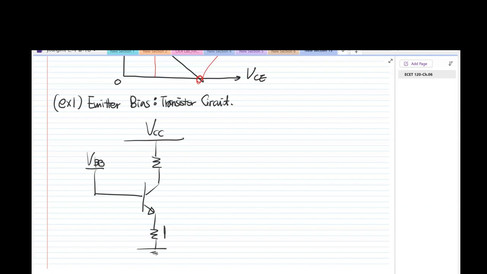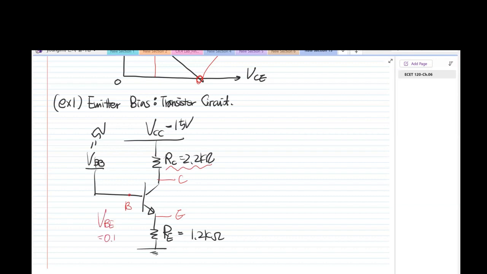So that was R sub E, 1.2 k ohm, and V sub BB, 5 volt, V sub CC, 15 volt, R sub C is 2.2 k ohm. Okay. All right. There, that is C, E, and B. And V sub BE is equal to 0.7.